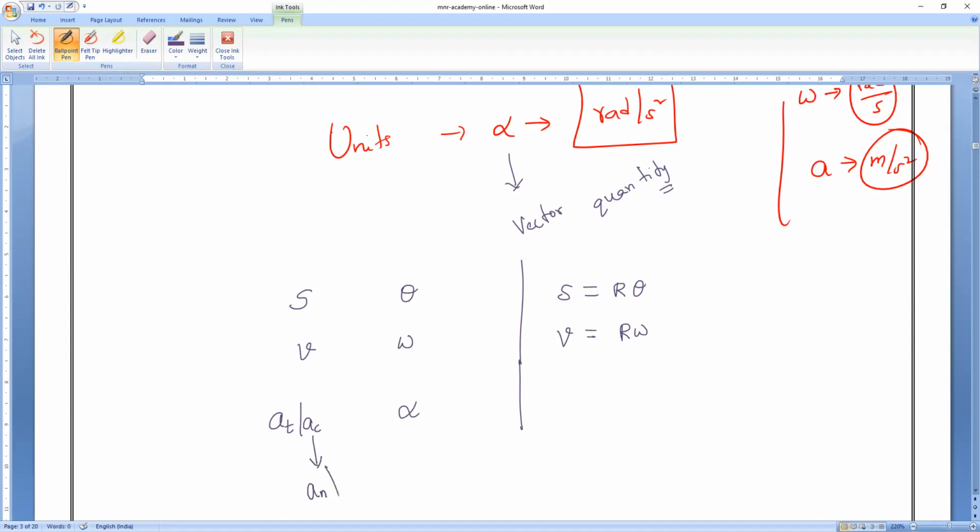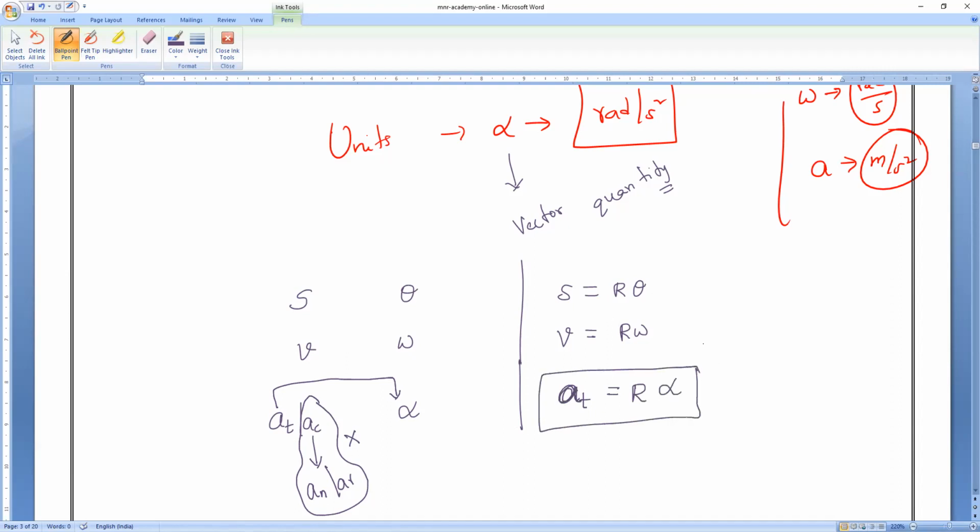We can always relate tangential acceleration and angular acceleration. Tangential acceleration equals R alpha, R into angular acceleration. That is the relation.